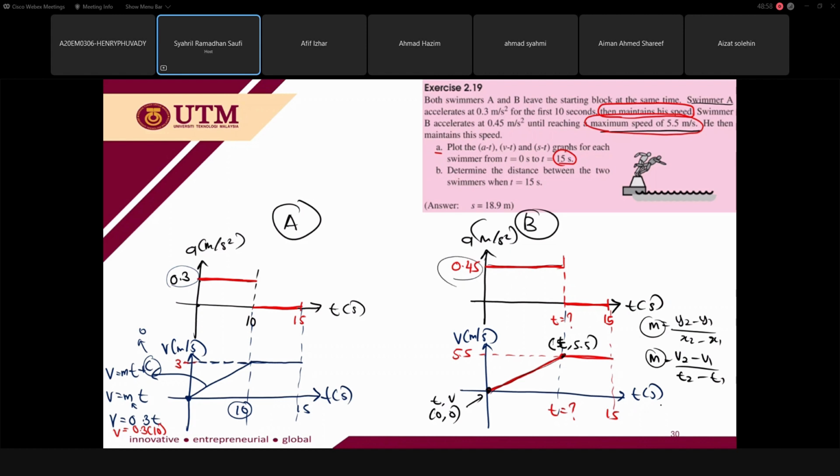So 0.45 equals v2 which is 5.5, minus v1 which is 0, over t2 which is unknown, minus 0. Then you get the t here is 12.222 seconds. So basically the t here is actually 12.222 seconds.